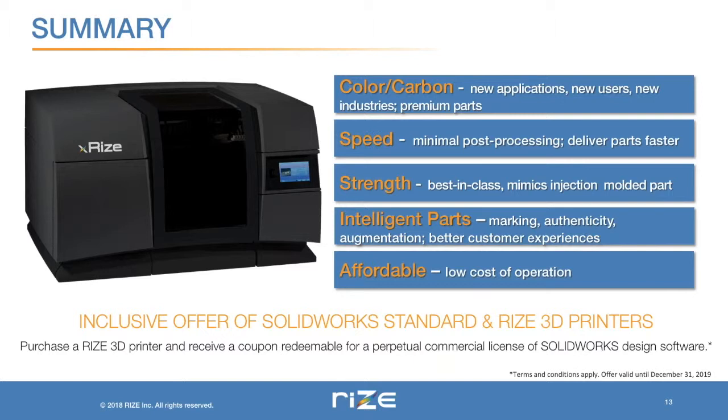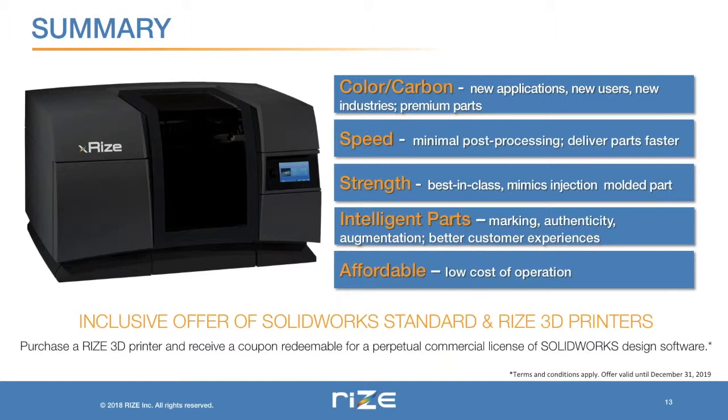We also have the ability to produce intelligent parts, especially with QR codes, which allows you to easily track the parts that are requested and where they're coming from, and the iterations, and all sorts of other information like that.